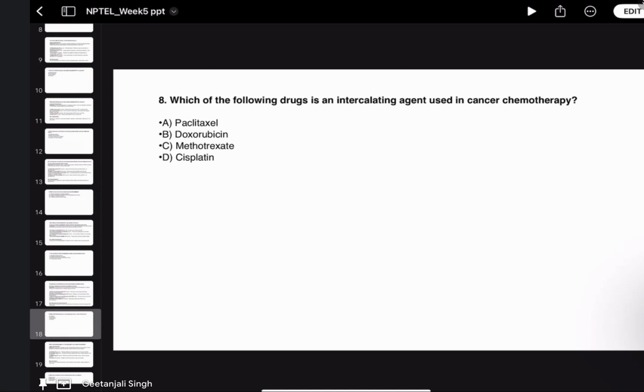Cisplatin is also planar, and it also goes and settles between the bases of DNA. Why not cisplatin and why doxorubicin? Would anyone like to answer? Unmute themselves and answer this question.